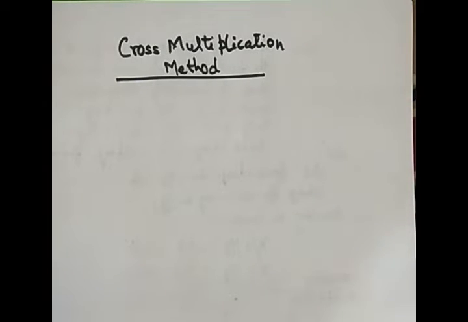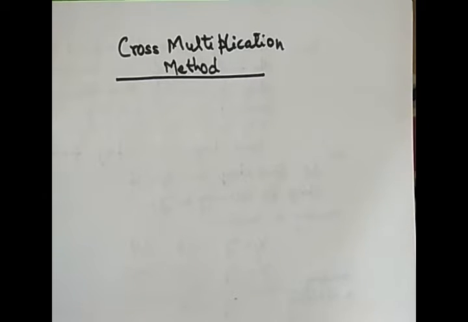Okay. So as we were doing in the previous two methods, the first step is that we check that a1 upon a2 is not equal to b1 upon b2, then a unique solution will exist.